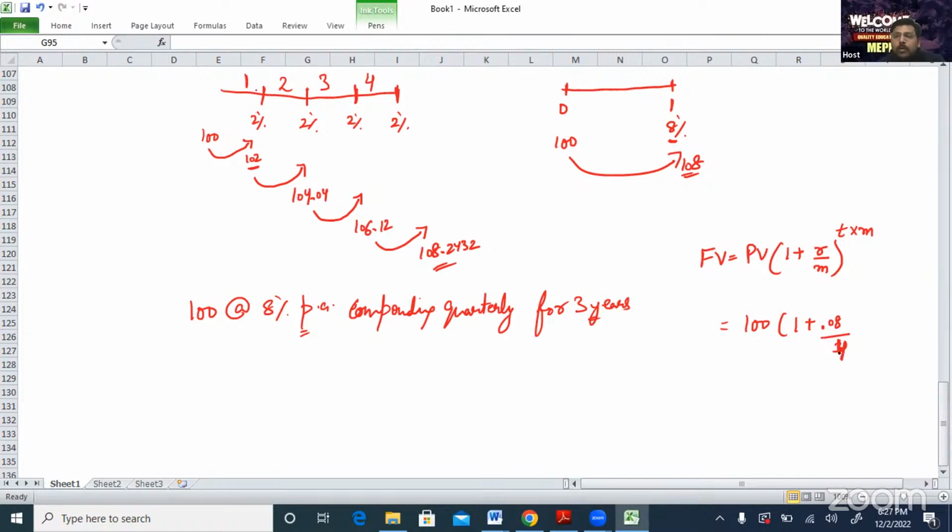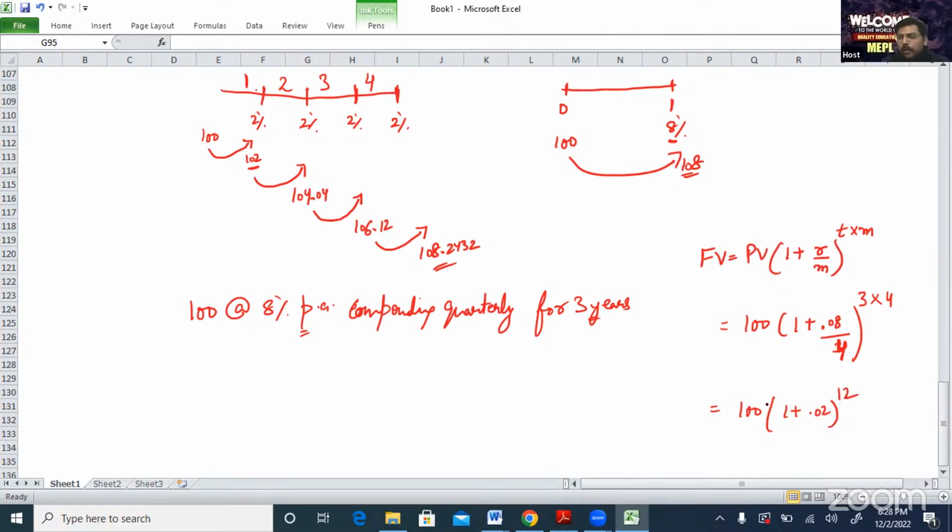In this manner we have to take it. Time is 3 years, and M is 4, the number of compoundings in a year. So that will be 100 into 1 plus 2%, to the power 12.